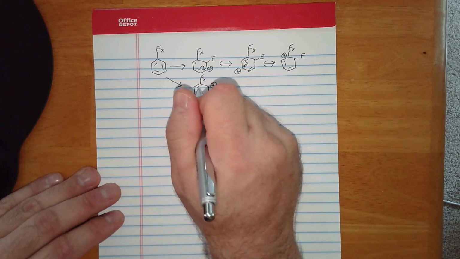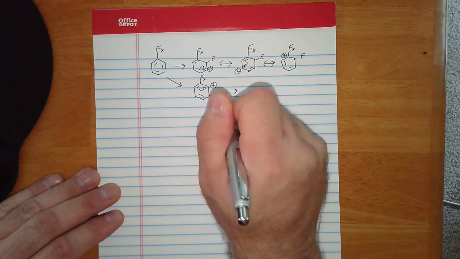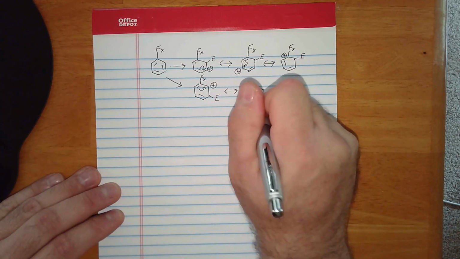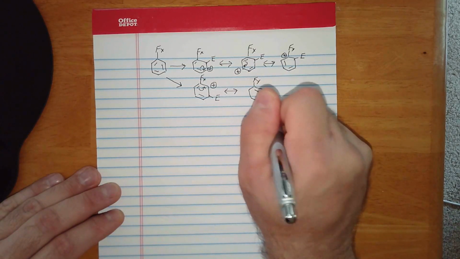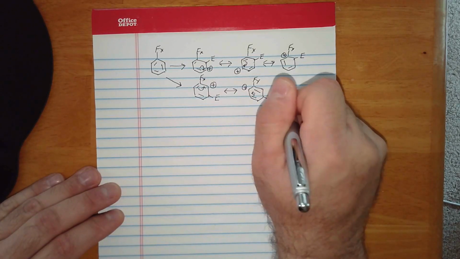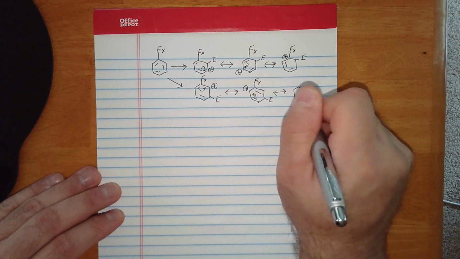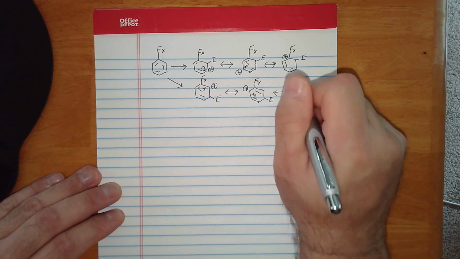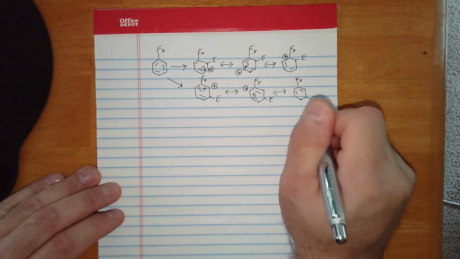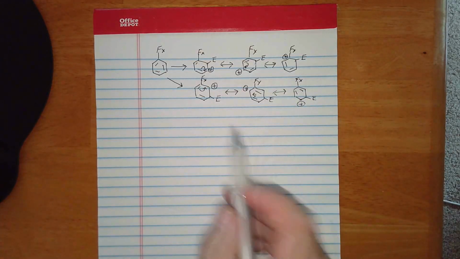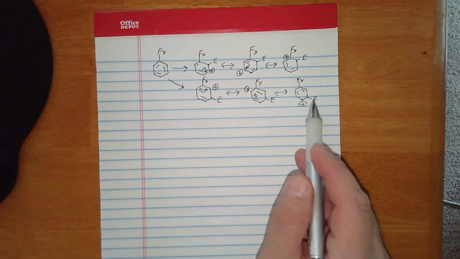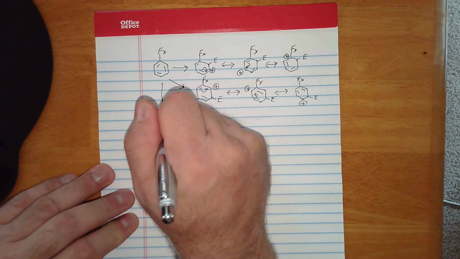Again, we can draw some resonance structures. There's one. So with ortho substitution, we get 3 resonance structures. With meta, we get 3 resonance structures. All right, now let's look at para.